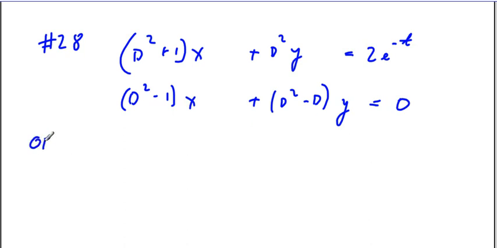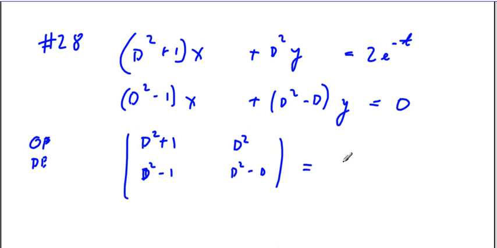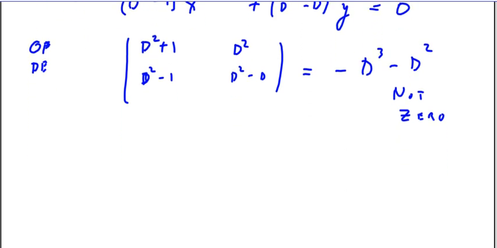We have an operational determinant, D squared plus 1, D squared, D squared minus 1, D squared minus D. And that's going to be, when we cancel everything that we need to cancel, D cubed minus D squared, which is not 0. So the equation is not degenerate.